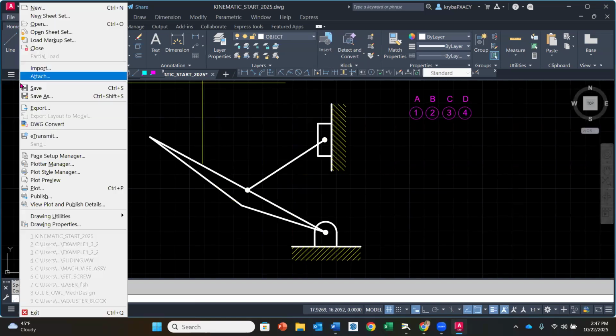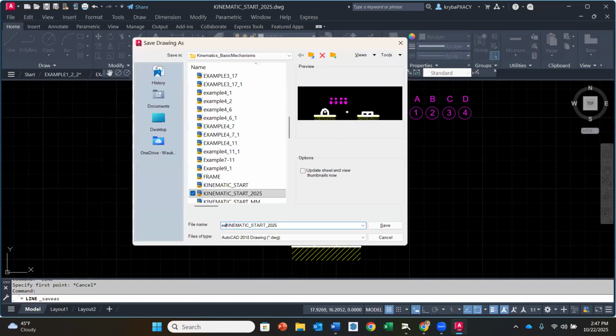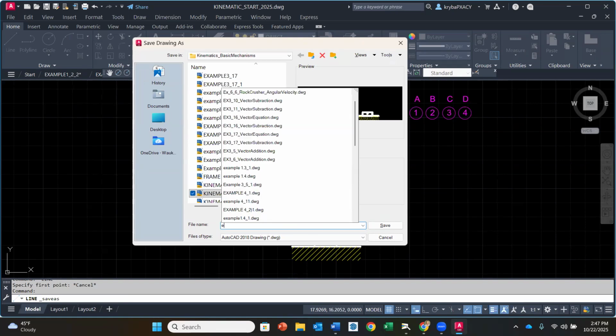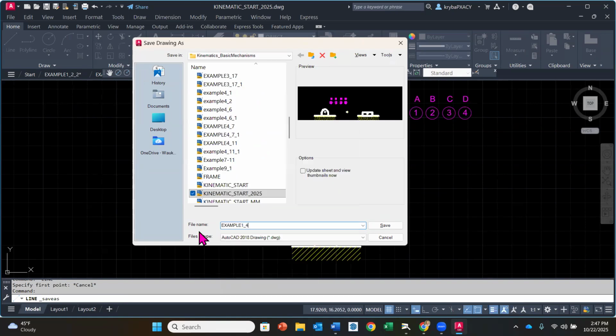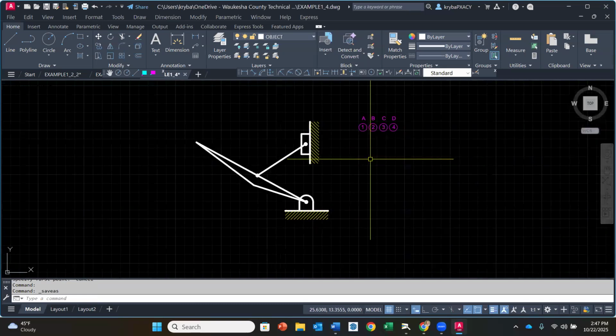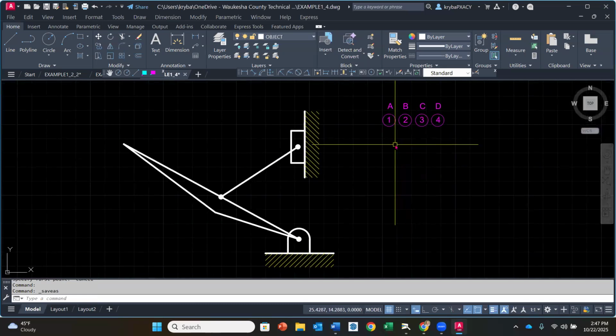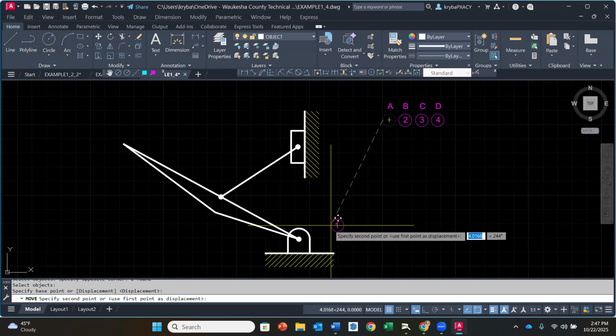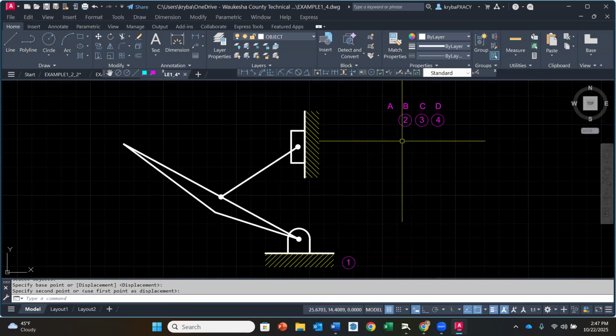Oops, I should rename this before I accidentally save it as the kinematic start. So this is not going to be the kinematic start. This is going to be sample 1_4. Save. And then I'm going to move my labels so that they are where they're supposed to be.